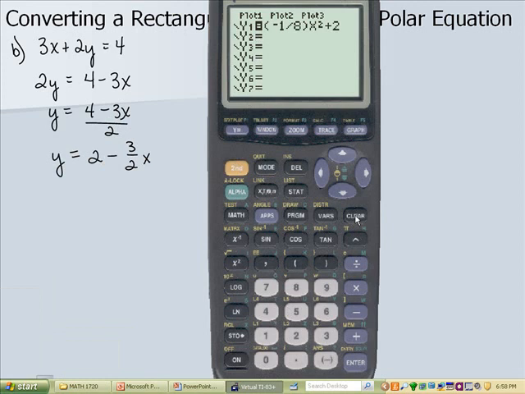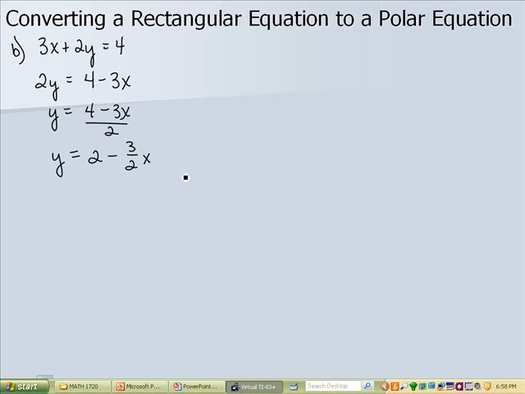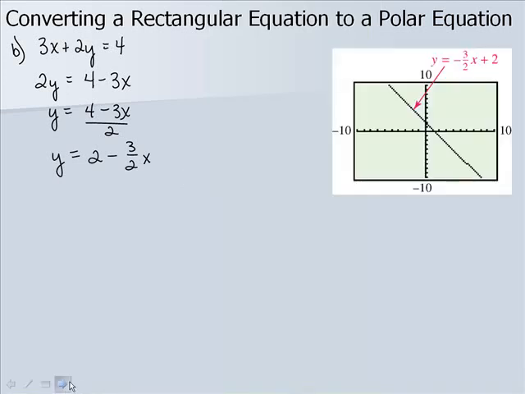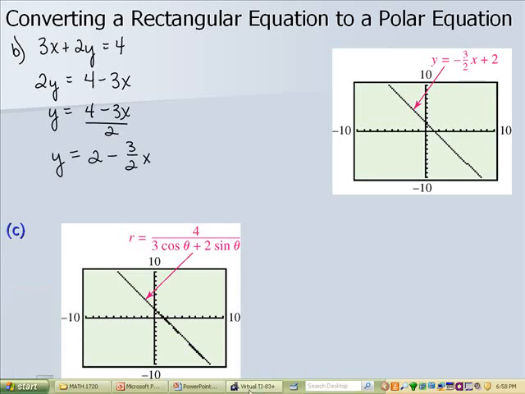So again, we're still in our function mode, so we'll graph 2 minus 3/2 x, and we see that we have our line graphed as so. And now we want to verify that when we graph our polar equation, it's identical. So let's go pull up our calculator.